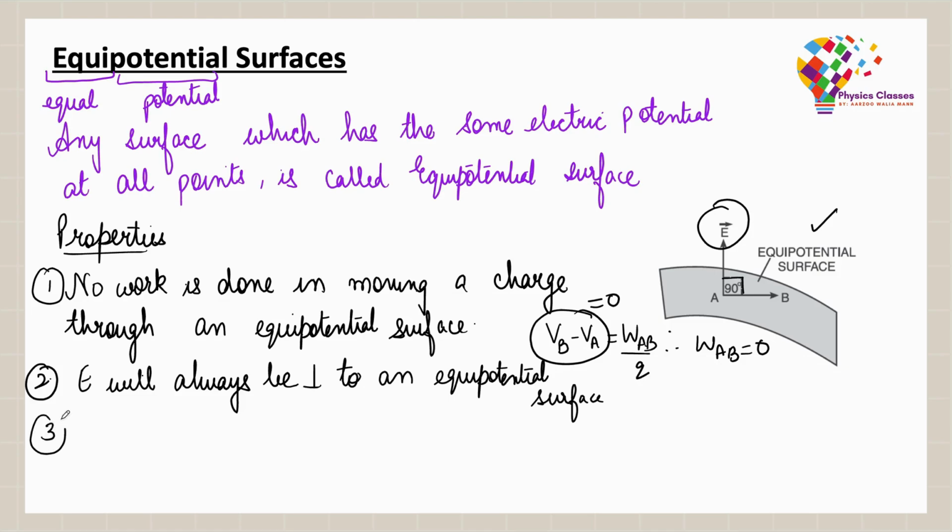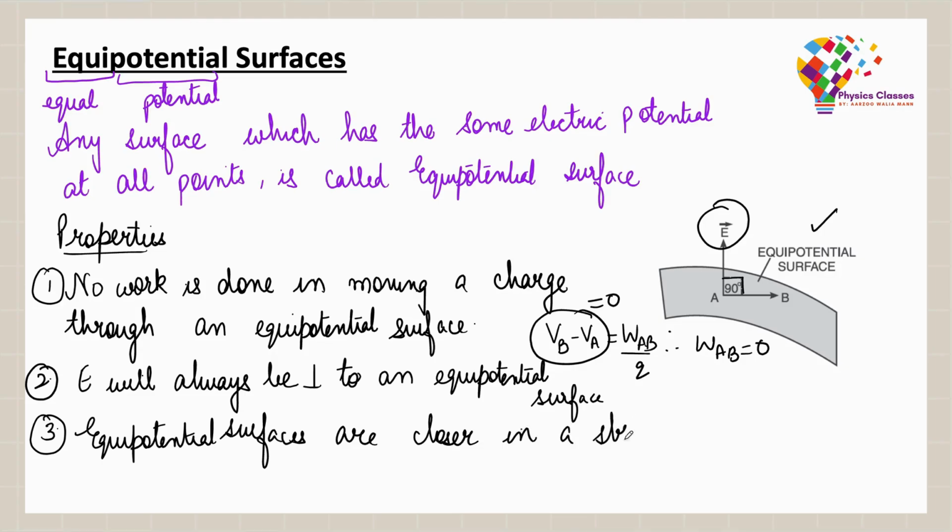Thirdly, if you have equipotential surfaces, just by looking at the different equipotential surfaces, we can figure out on which side the field is stronger and on which side the field is weaker.